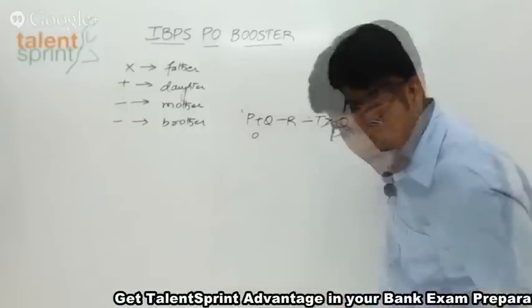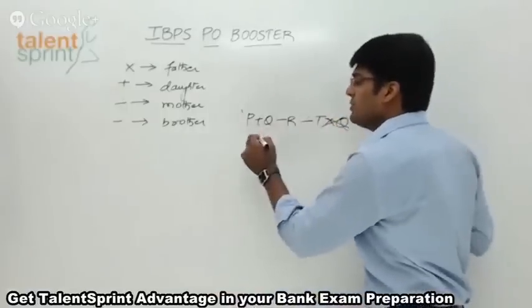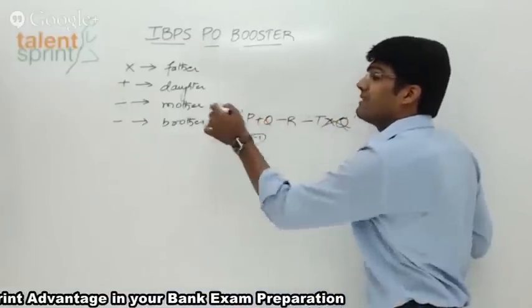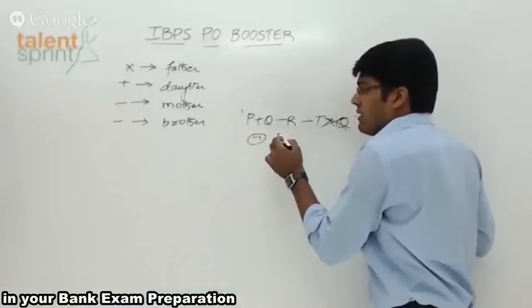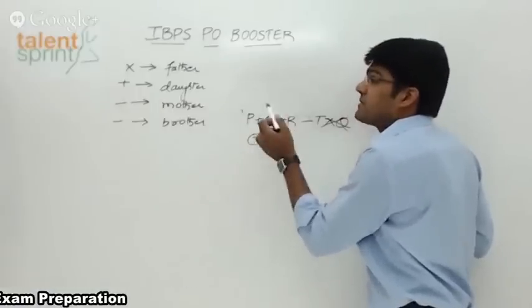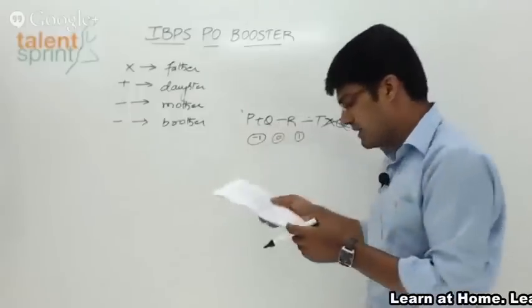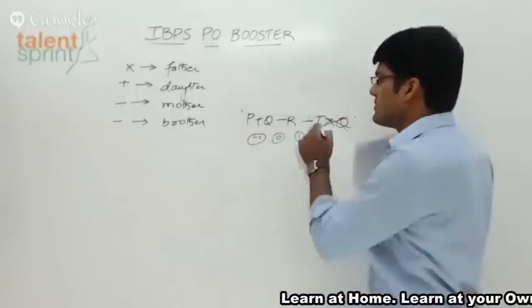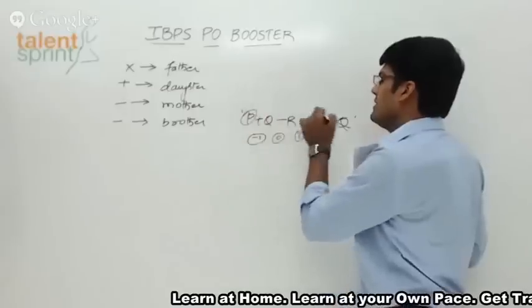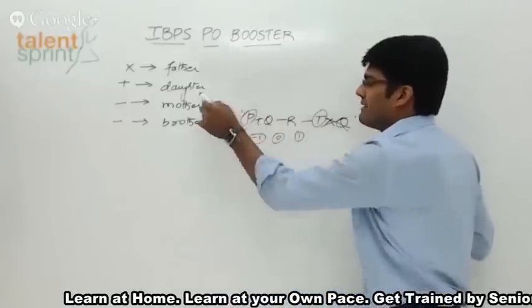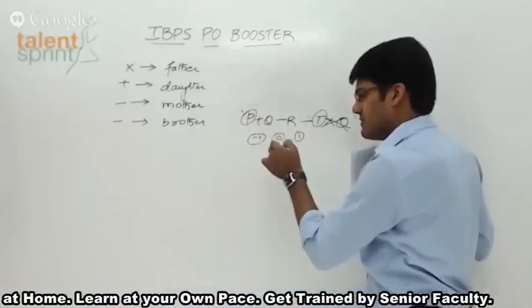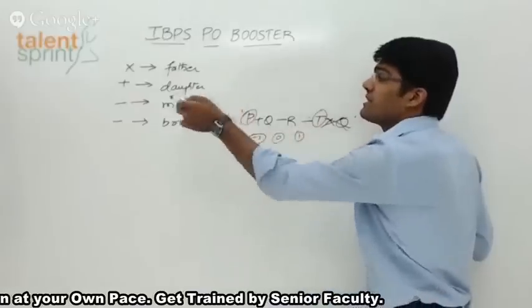So 0. Q minus R. Sorry, daughter is what? Minus 1. P plus Q minus 1, minus R is brother, so 0. And division is what? Mother. So 1. And we are required to find out the relationship between T to P, between these two persons. So plus is minus 1, minus is 0 because it is brother, division is plus 1 because it is mother.